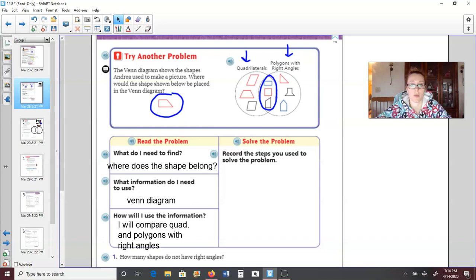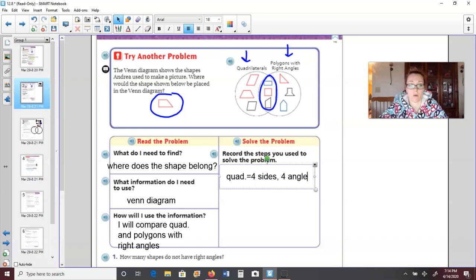So let's start with the first category, quadrilaterals. What do we know about quadrilaterals? Quadrilaterals have 4 sides, 4 angles. We know that, okay? Does this shape have 4 sides and 4 angles? Yes, okay, so this shape does.